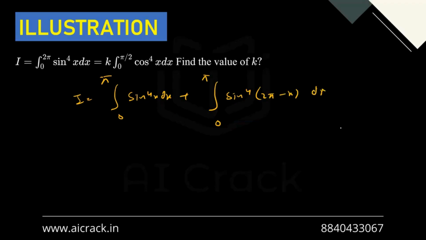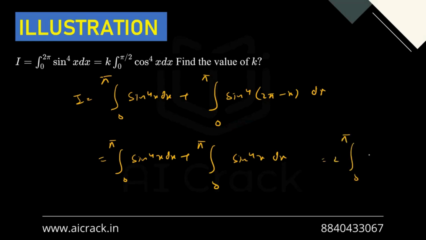Now we know that sine of 2 pi minus x is nothing but minus sine x, but since we have the even power over here, it becomes sine 4x only. So this becomes integral 0 to pi sine 4x dx plus integral 0 to pi sine 4x dx only. So this becomes 2 times integral 0 to pi sine 4x dx.